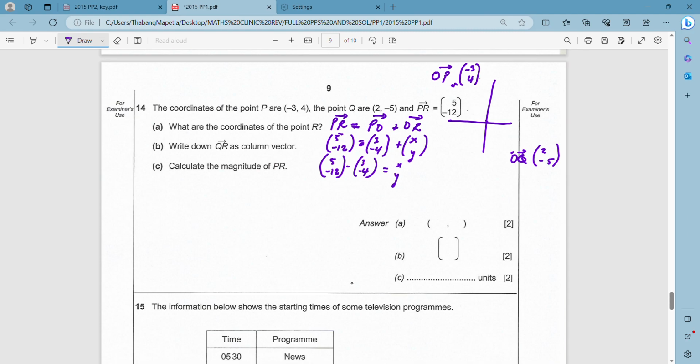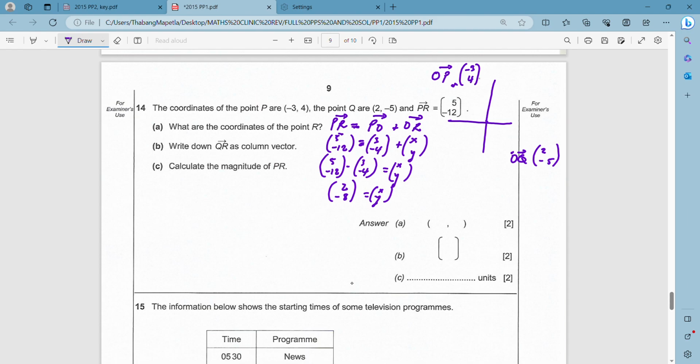So remember it's XY. Therefore, it's going to be 5 minus 3, which is 2. And then -12 minus -4, which is -12 plus 4, is going to be -8. XY, and what is XY?